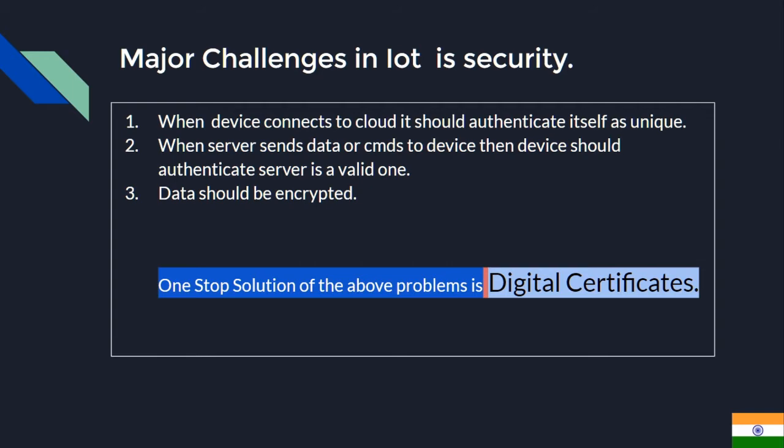There are other challenges in IoT as well. I want to authenticate that the IoT device accessing my server is actually that IoT device. On the other side, when the server is sending some data to my IoT device, the IoT device will validate whether that server is authenticated to send the data.